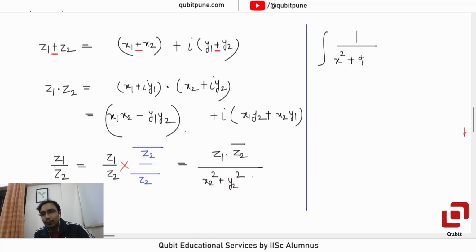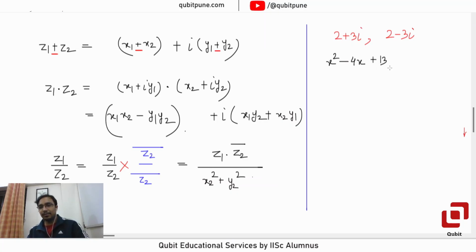Let me just frame a question a bit. I just want to emphasize here a bit. Suppose I want to build a quadratic equation whose roots are 2 plus 3i, 2 minus 3i, then what will it be? x squared minus 4x plus 13 equal to 0.